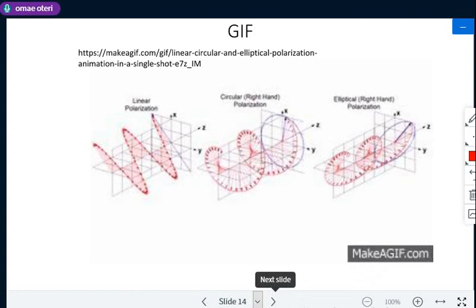So I think let me see whether I can get a video which can show us this kind of representation here. Circularly polarized, elliptical, and also vertical. This software we are not able to share everything. It can only share videos, and this is just a GIF. It's not accepting.